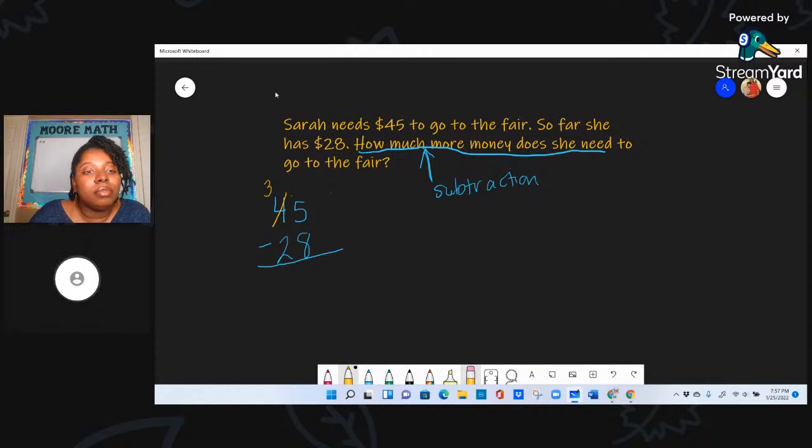It becomes a 15. Excellent. Now 15 minus 8.